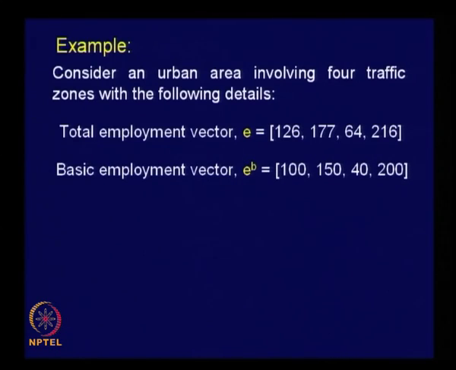A similar vector giving information about basic employment: 100, 150, 40 and 200. Obviously, these numbers pertaining to EB will be slightly less than E, because E is the total and EB is part of E, and these numbers are fixed by the planner. These numbers cannot be obtained through the modeling process because it is related to basic employment, right.